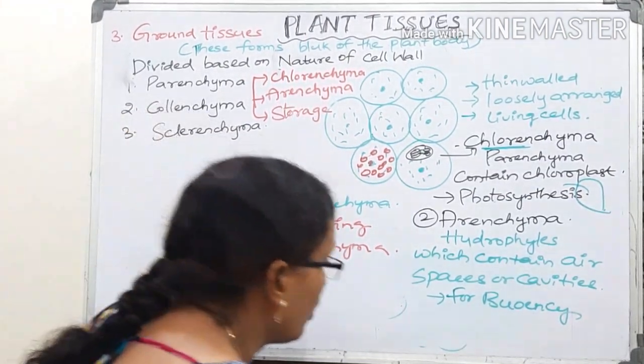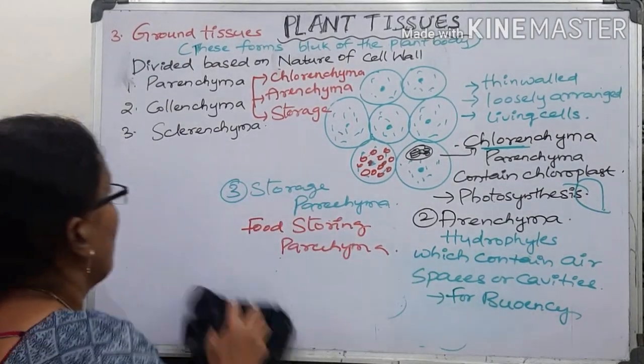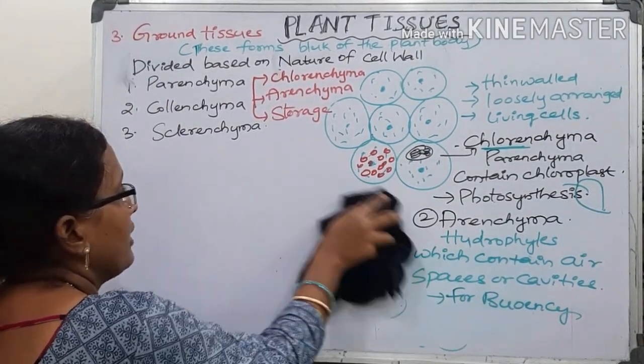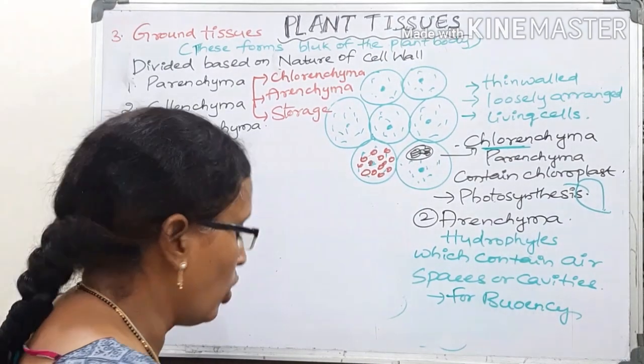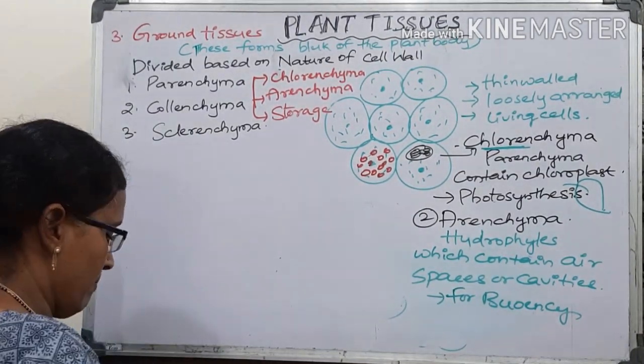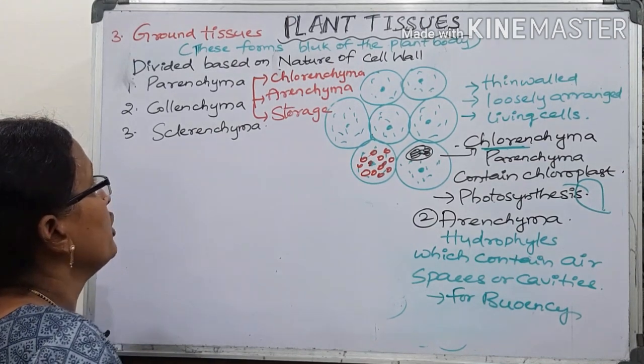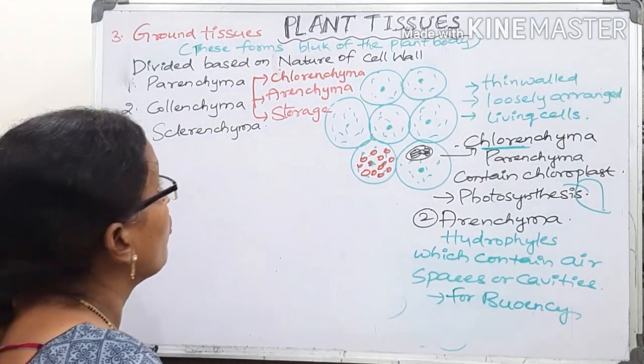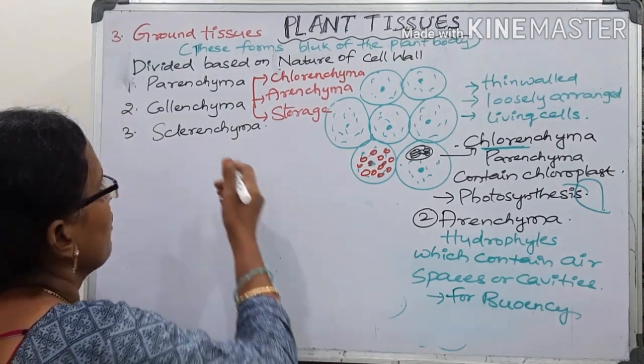And the second type of cells is collenchyma, and the third is sclerenchyma. Both are for mechanical support or physical support of the plant. So when we talk about collenchyma, we said it is classified on the basis of cell wall.